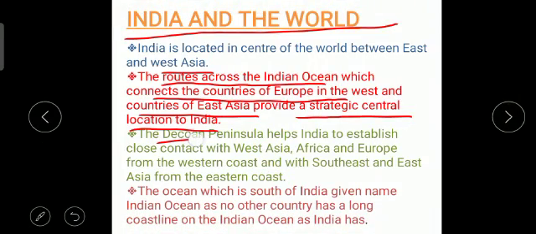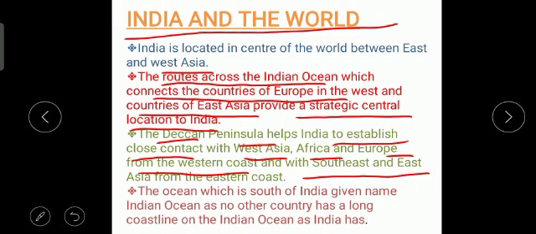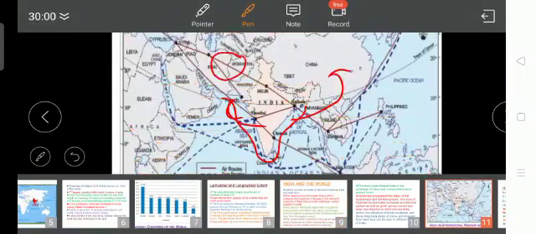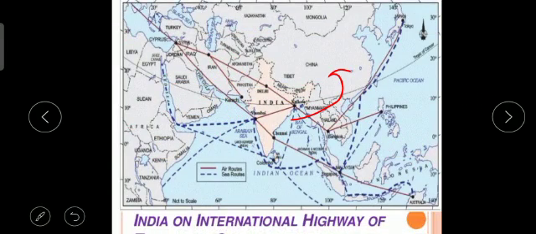The Deccan Peninsula helps India to establish close contact with West Asia, Africa, and Europe from the western coast, and with Southeast and East Asia from the eastern coast. This is the western coast on the west side and the eastern coast on the east side.